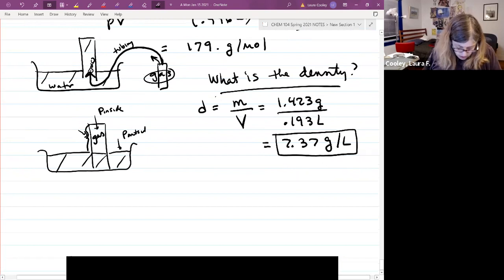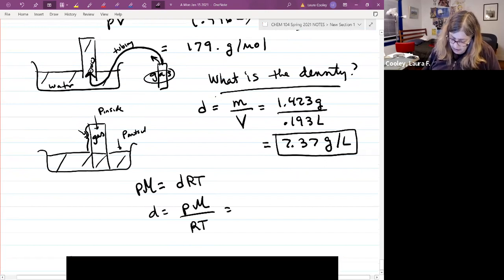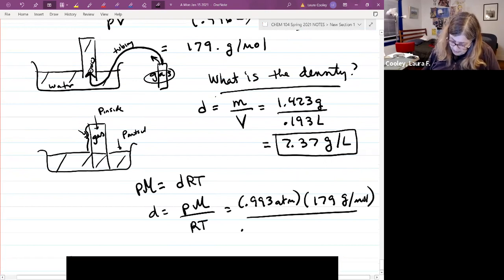But of course, we could have also gotten this from our PM equals DRT by solving for D. But it's a lot harder to get the same answer, because now we know that it's 179 grams per mole times 294 Kelvin.